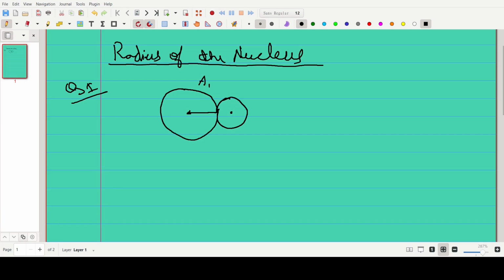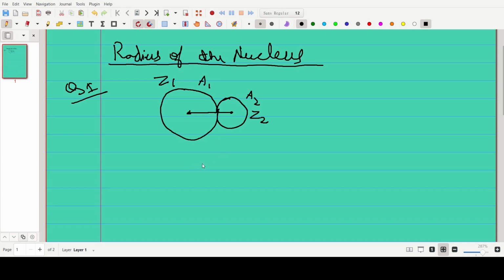They have mass numbers A1 and A2, and atomic numbers Z1 and Z2. So the question is: what is the potential energy due to electric repulsion between these two nuclei?